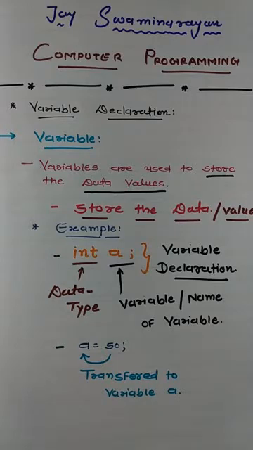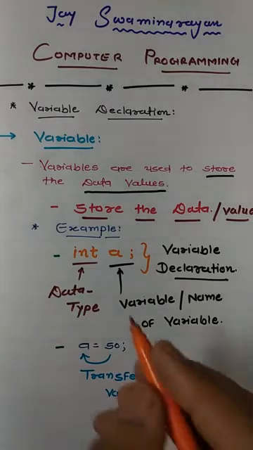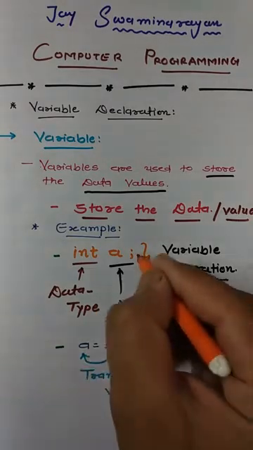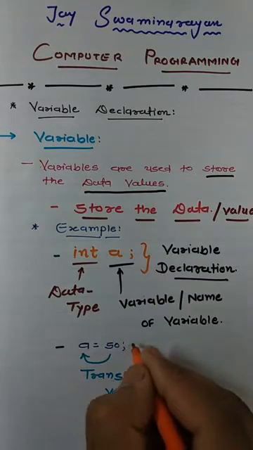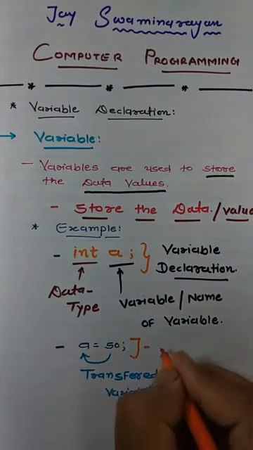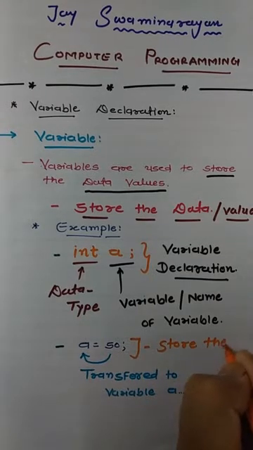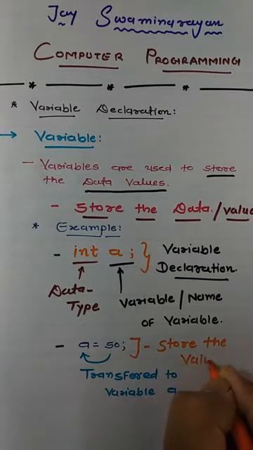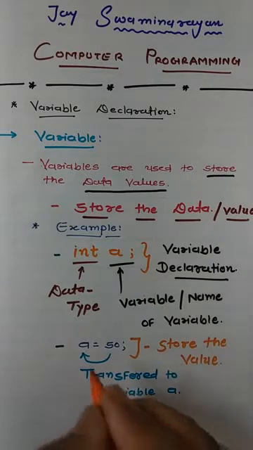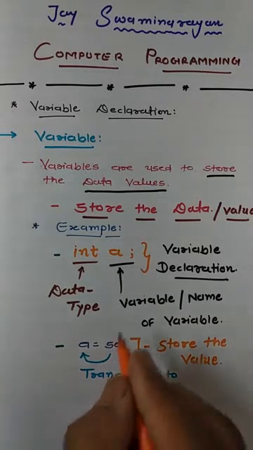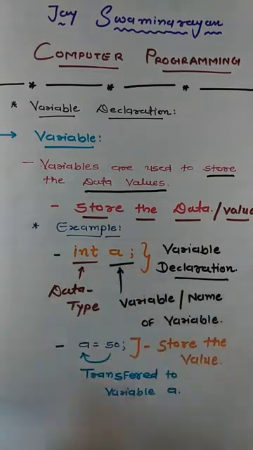Before storing the value we have to declare the variable, then we can store the value in it. So this is the declaration and this is used to store the value. Means when you write a is equal to 15, this variable is used to store the value 15.